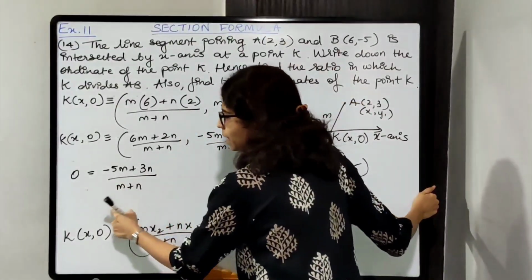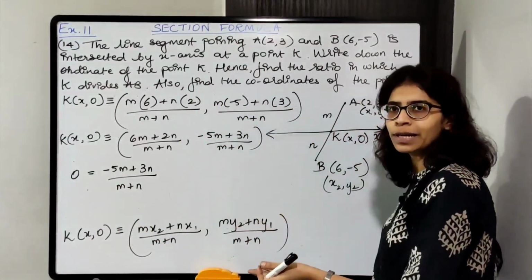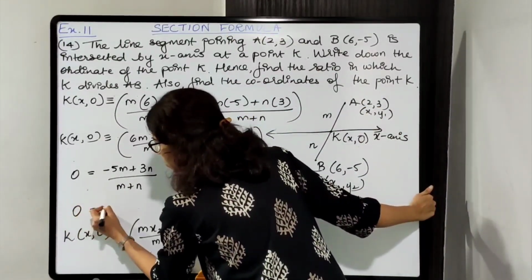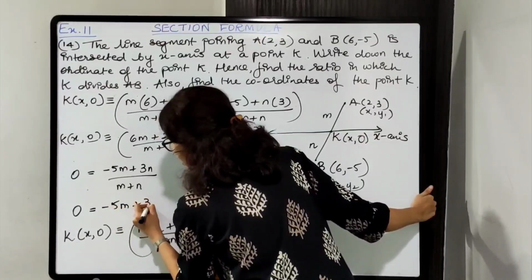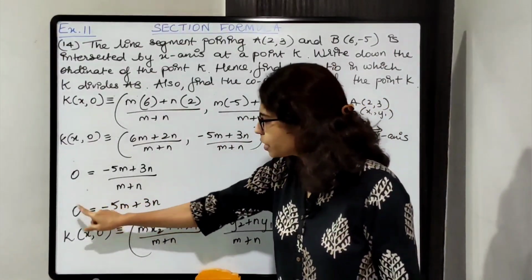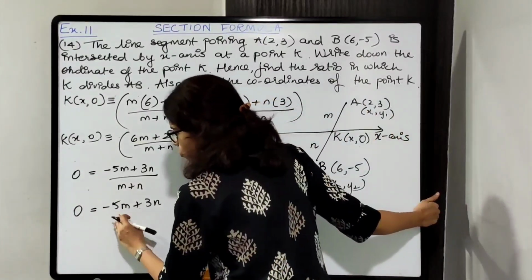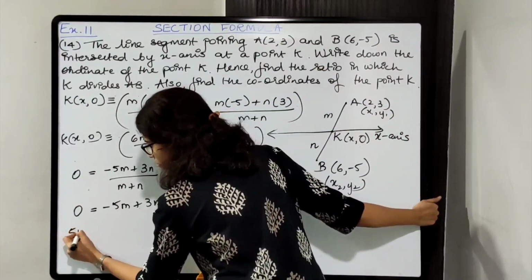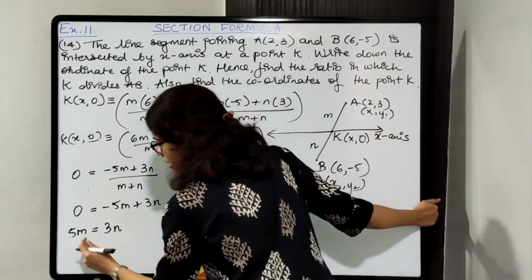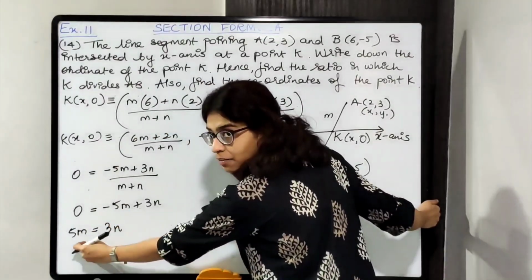So m plus n, if you shift over here, 0 into anything, 0. So 0 is equal to minus 5m plus 3n. 5m को यहाँ पे शिफ्ट करते हैं. So 5m becomes plus 5m is equal to 3n. m upon n we need to find out.